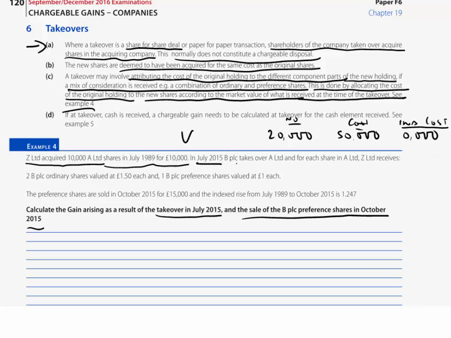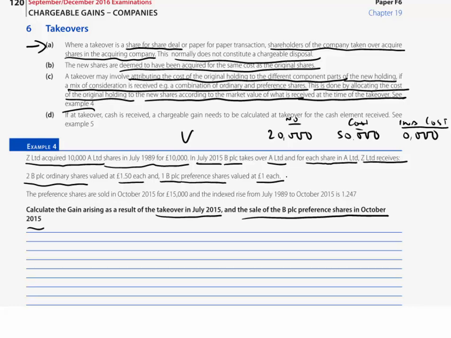In July 15, B plc takes over A Limited, and for each A share in A Limited, Z Limited receives, from B plc, 2 B plc ordinary shares that have a price of £1.50 each, and 1 B plc preference share that has a price of £1 each.